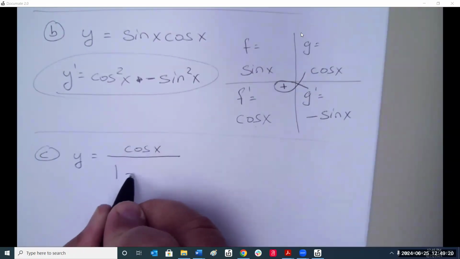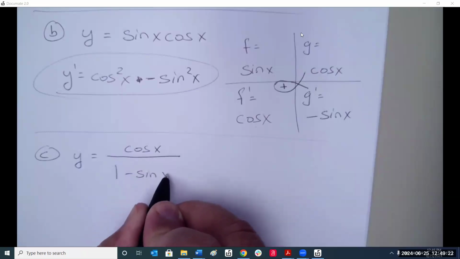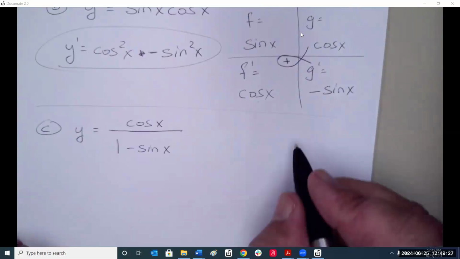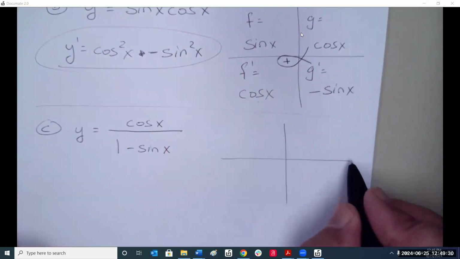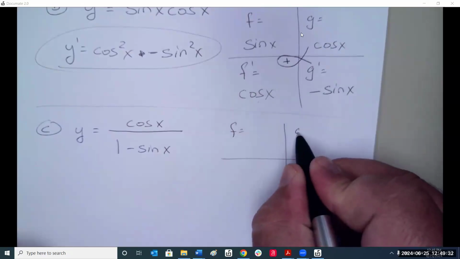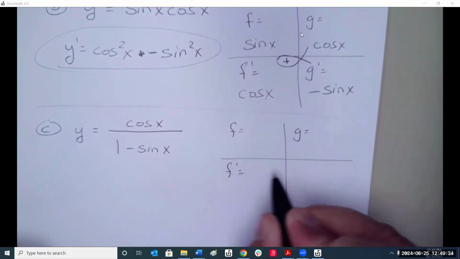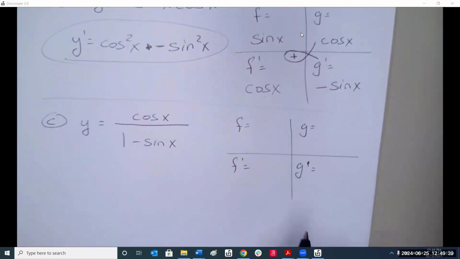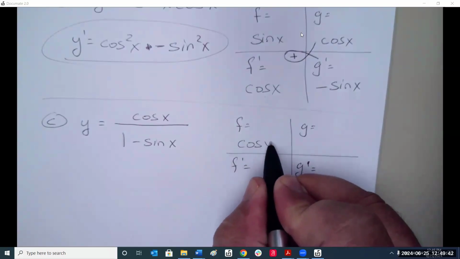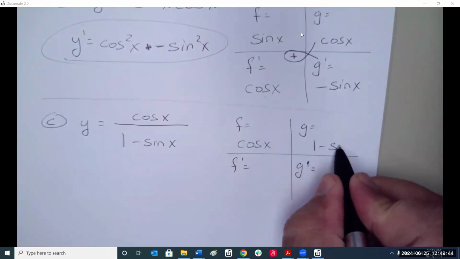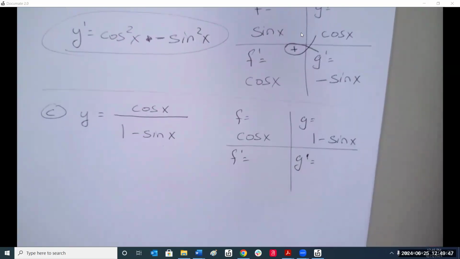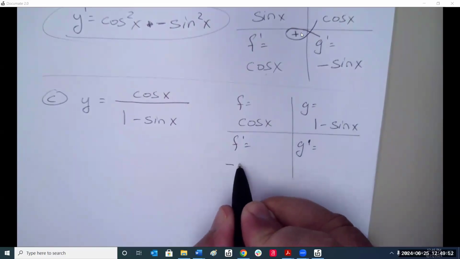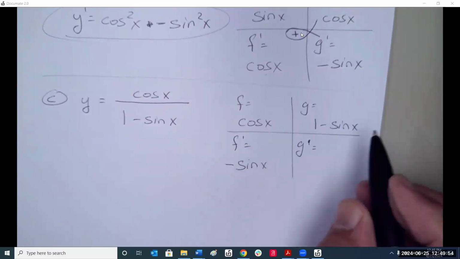Cosine x divided by 1 minus sine x. Cosine x, 1 minus sine x. Derivative of cosine, negative sine.